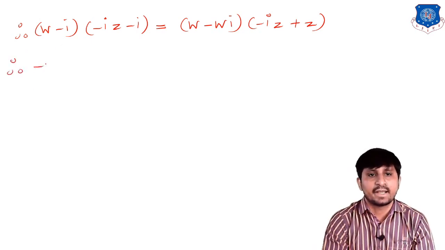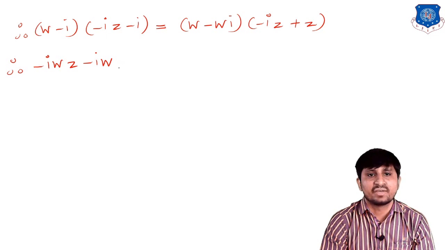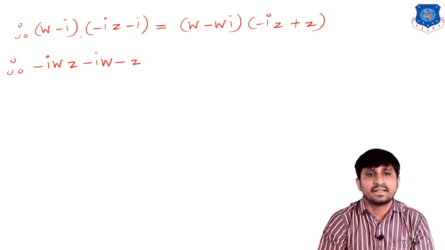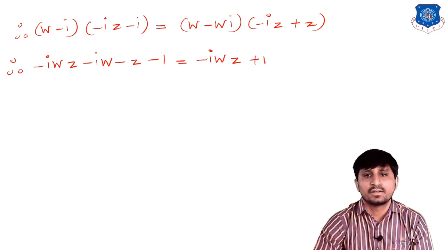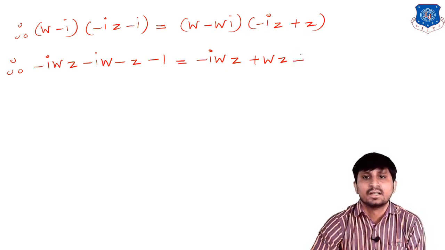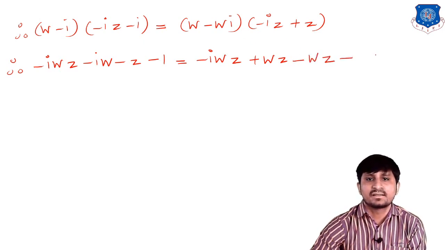Now simple multiplication: w minus iwz, then minus iw, then minus minus plus i square, so minus z, and then minus minus plus i square, so minus 1, is equal to minus iwz, then plus wz, and minus minus plus i square, that is minus 1, so minus wz, and then minus iwz.